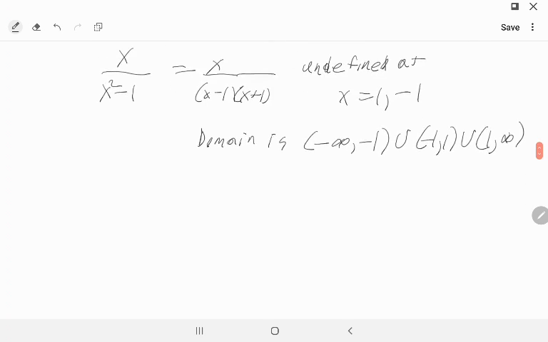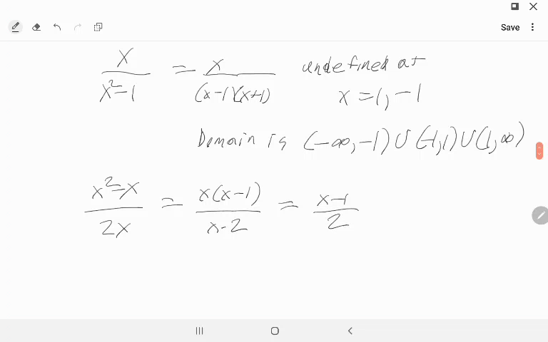Where it gets a little bit trickier is if we saw something like x squared minus x divided by 2x. We notice that something we're going to play with later on is the idea of simplifying these rational expressions. We can look at this as x times the quantity x minus 1 divided by x times 2, and we can simplify that as x minus 1 divided by 2. But we notice that that initial expression is undefined at x equals 0.